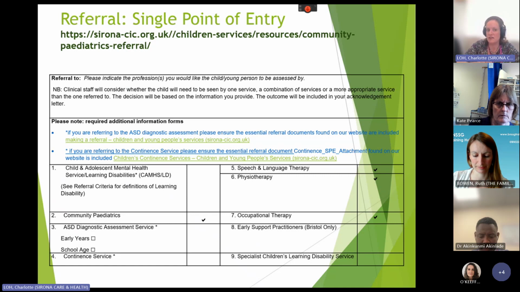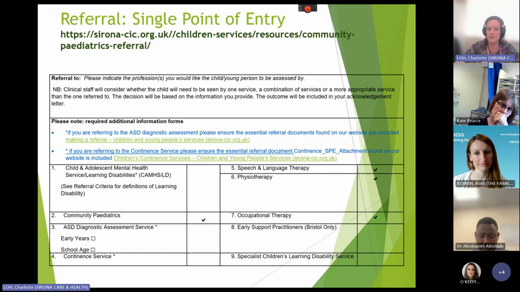The reason it's best to tick them is actually there's different weights and different services, and in the different patches it works slightly differently, but for example in South Bristol we meet once a month with the whole MDT and we discuss referrals that have come in.